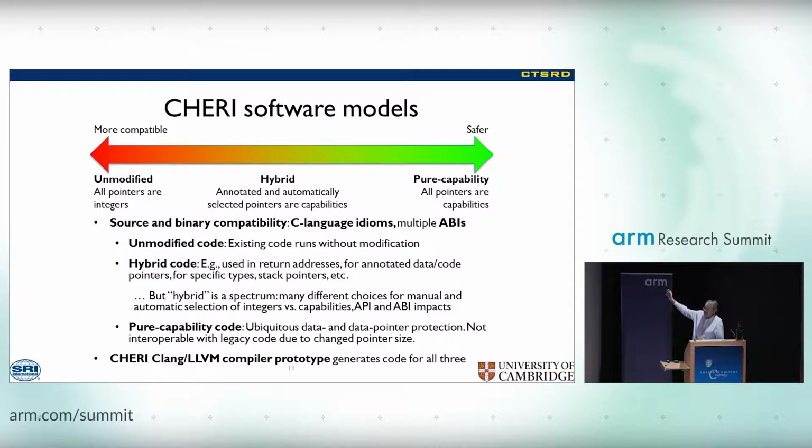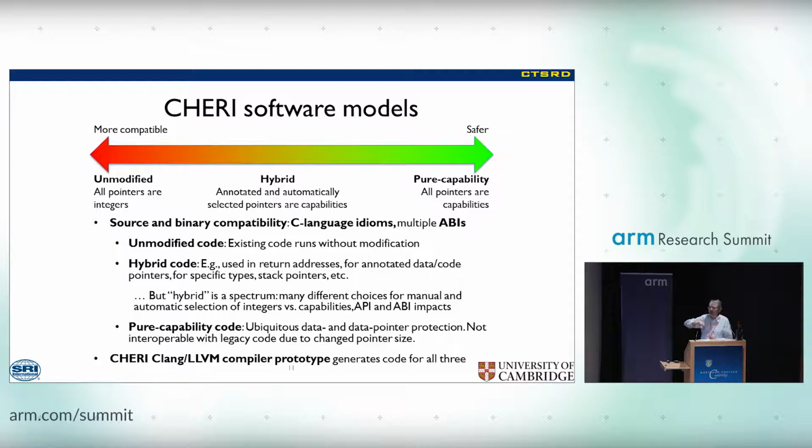We can go all the way over to the safe world on the right, where all references are capabilities. And we've also got the hybrid case in between. And in terms of actually transitioning this sort of technology, it's quite important that the processor can handle anything on that spectrum. Okay? So we've got to be able to take existing applications, still be able to run them.